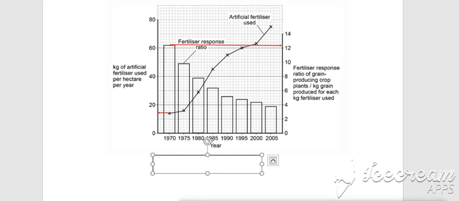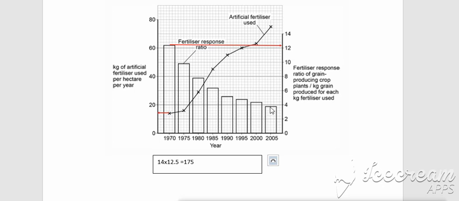So now we're going to multiply the amount of fertilizer used, which we said was 14, by the fertilizer response ratio, which was about 12.5, and that will give us our first amount, which is 175.